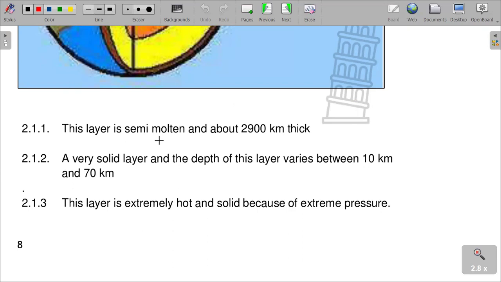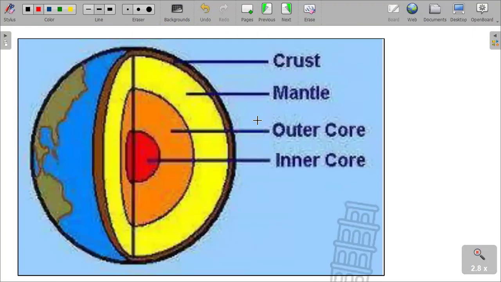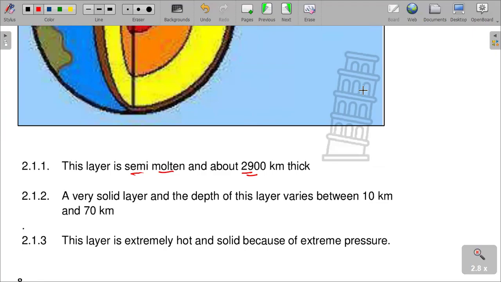Which layer is that? Semi-molten and 2,900 kilometers thick. It is the mantle. The mantle is the one that has this characteristic.